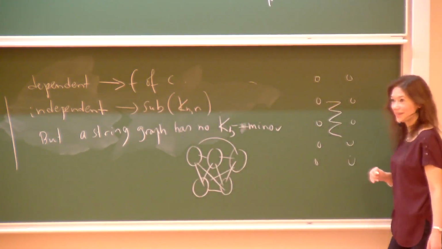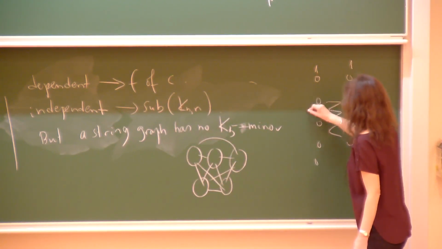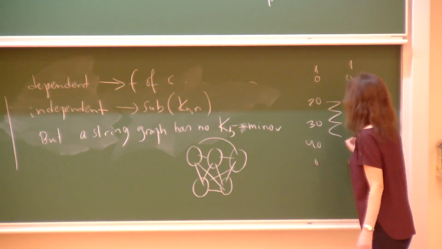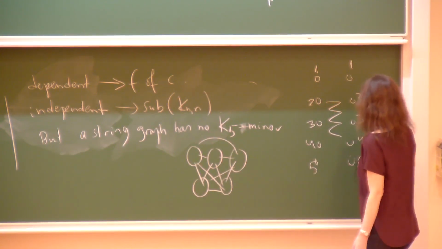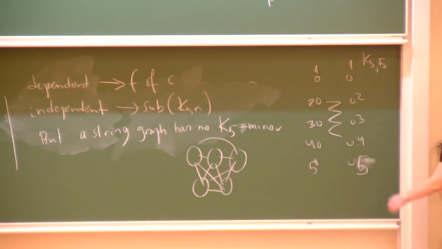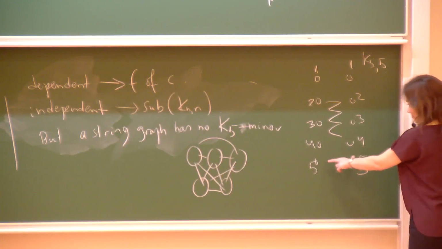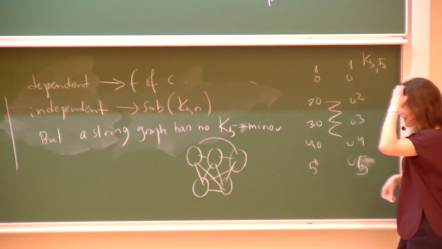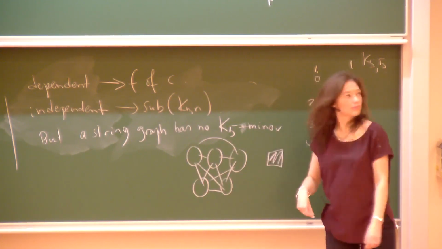Look at K5,5, and you call this 1, this 2, this 3, this 4, this 5, and each of them is a connected subgraph. And between every 2, there's an edge. So that's a contradiction. You cannot have a subdivision of K_n in a string graph. And that's how you finish. Let me stop here.